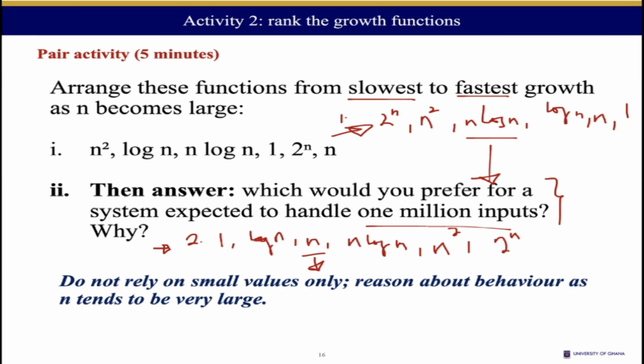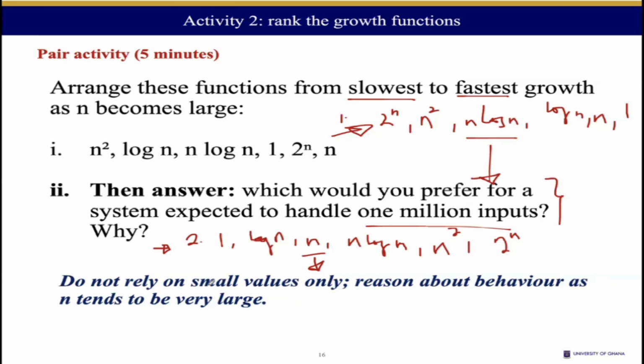If you are using 1 million inputs, n squared will be like 1 billion operations, which could take about hours. And with 2 to the n, that will be impossible to complete. So with scalability, I'll go with n, which with modern computers will take a fraction of a second to compute.